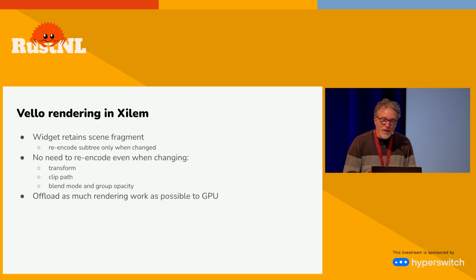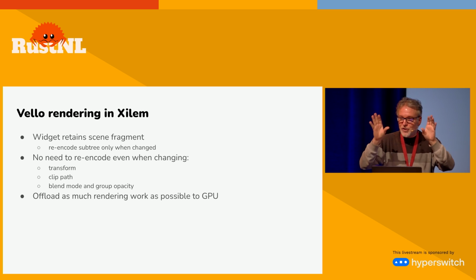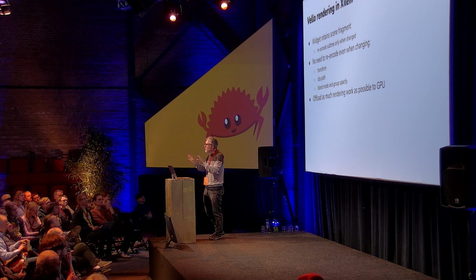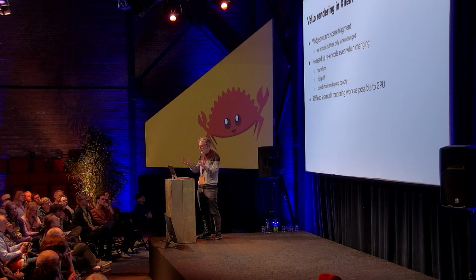And so you can do things like change the transform. If you're doing scrolling, you don't have to be re-encoding all of the content inside that clip window. You can just reuse that and then have the GPU do all the work of re-rendering it. So it's all about making the CPU do as little as possible and making the GPU do the work, where it can be about 10 times as efficient in terms of how much throughput you can get per second or per watt.